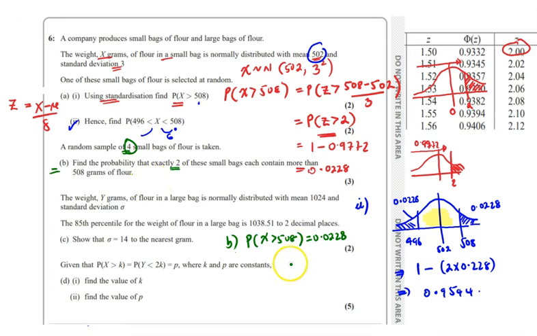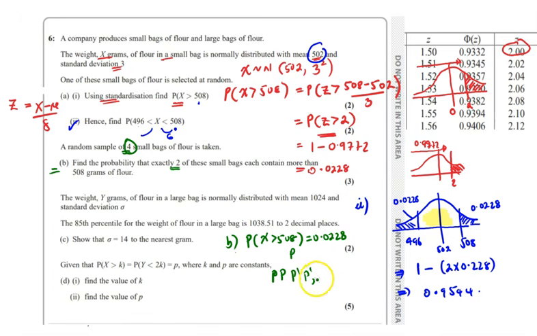If we call the event of being greater than 508 the event P, that means we can have the first bag greater than, the second bag greater than, and then the other 2 bags are less than. That's P prime, the opposite.